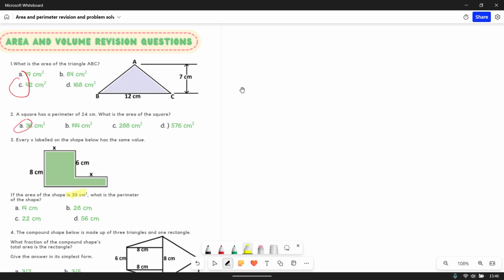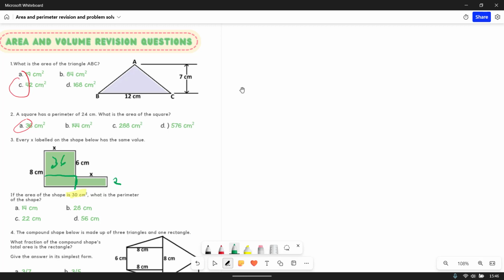Okay, let's do this right. We can break this down. So this bit's a square. So this is 8. This has to be 2. And this here is 6 times 6, so this bit is 36.